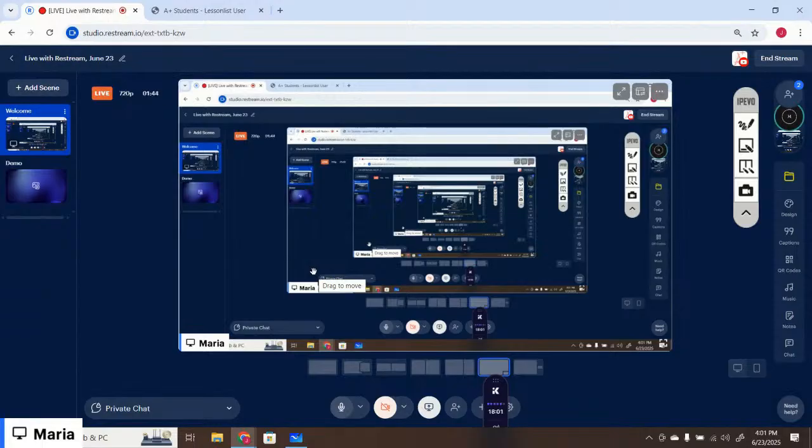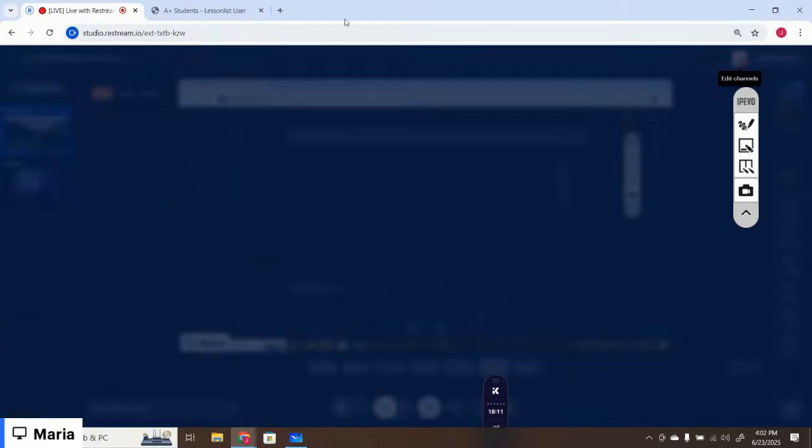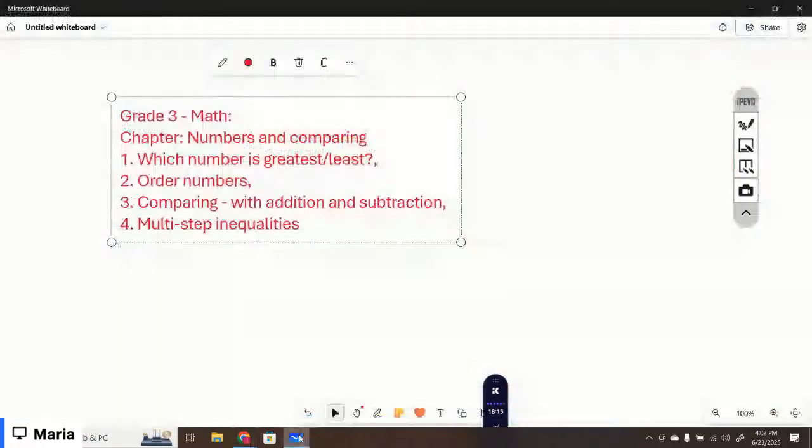All the lessons. Okay, so basically we are here for building my right? There is something wrong with the lesson and I will fix it. So we will be working on comparing numbers, which number is the best, comparing with addition and subtraction, and please take the problems.